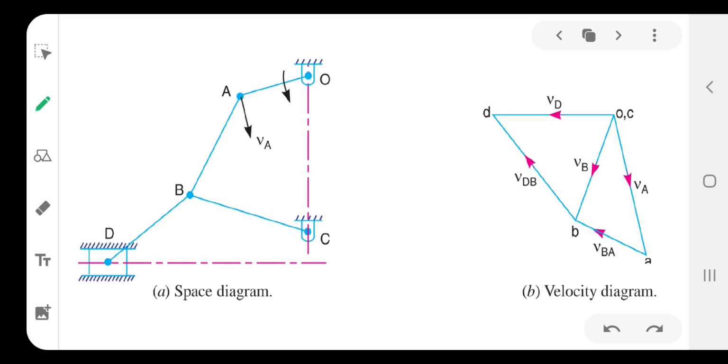First of all, in this problem there are two fixed points, O and C. Mark these fixed points as a single point OC, and from this OC we start our vector diagram. First take a perpendicular to link OA and draw this perpendicular from point O.